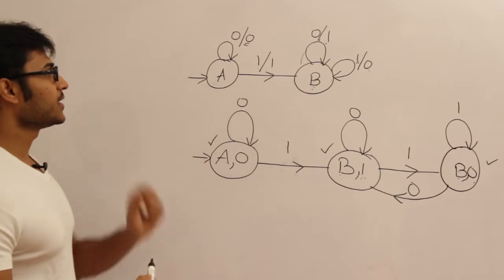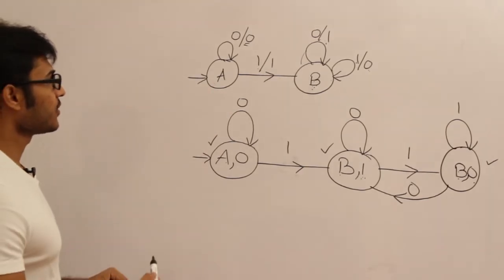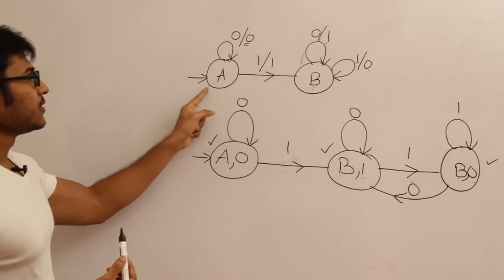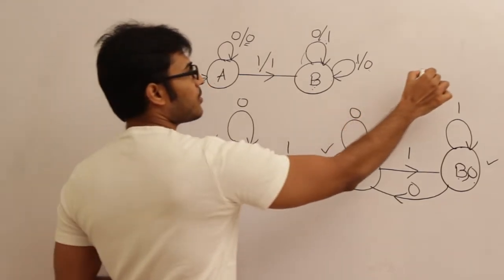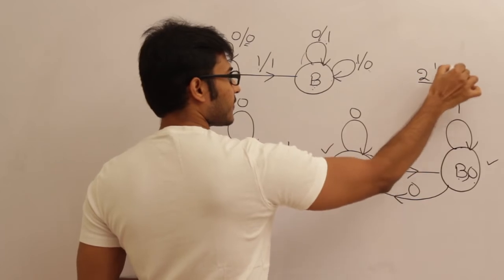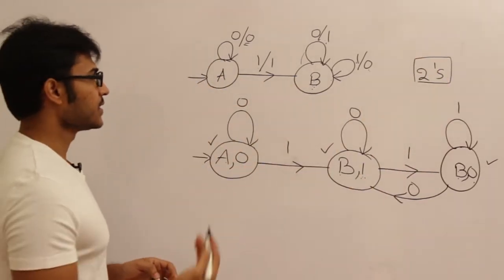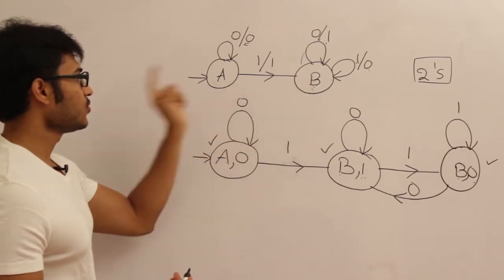So what is this problem? This problem is nothing but we are going to read a string from the RHS and print the 2's complement as output. We are going to start from the RHS or least significant bit and print 2's complement.